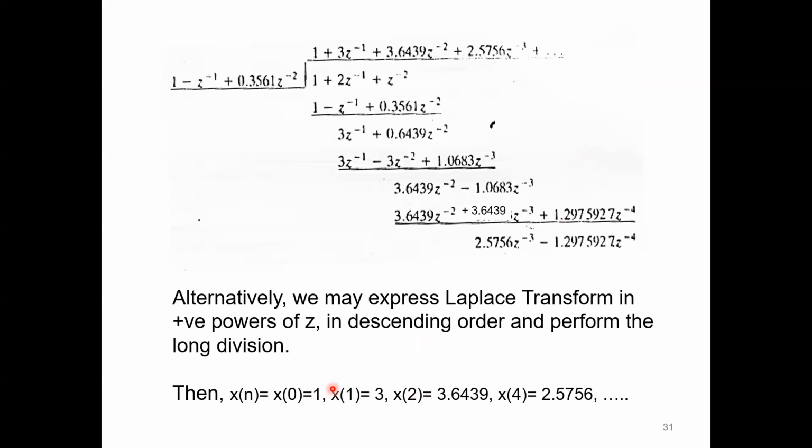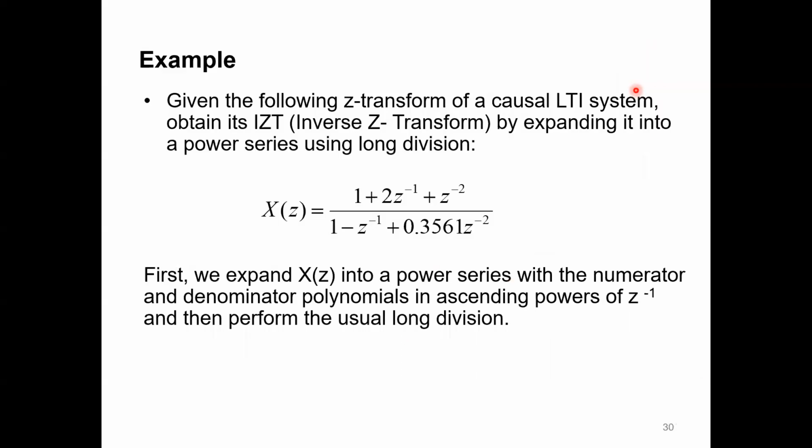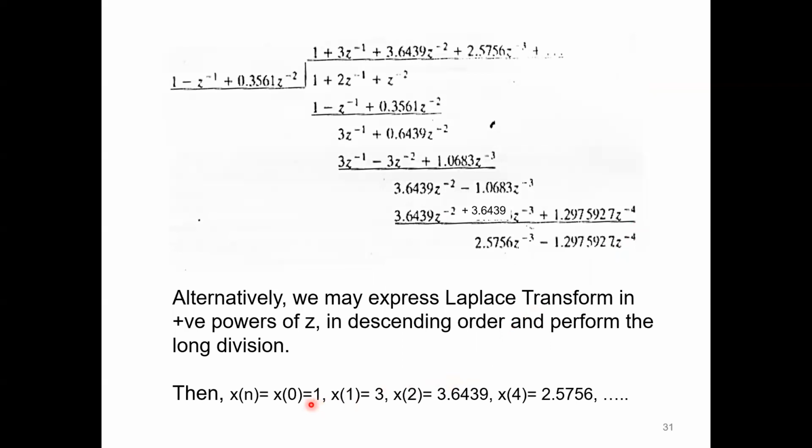So now you understand your solution, right? The way you see it here, nobody can understand what it is. But when you say this is nothing but 1, 3, 3.6439, 2.575, like that, then you can see your sample sequence.